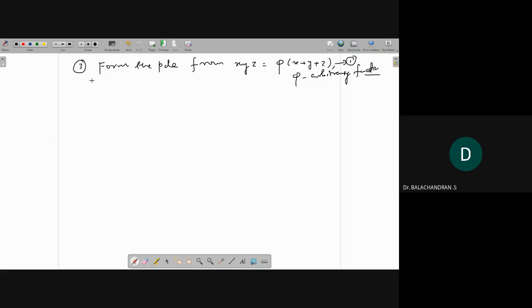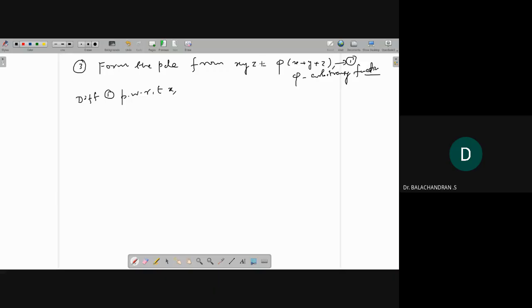Differentiate 1 partially with respect to x. On the left hand side you have x and z, both of them functions of x, so you need to differentiate by the UV method, treating y as a constant.